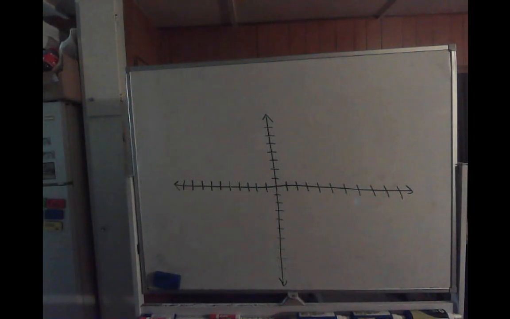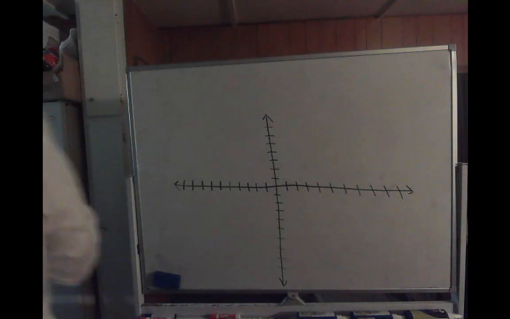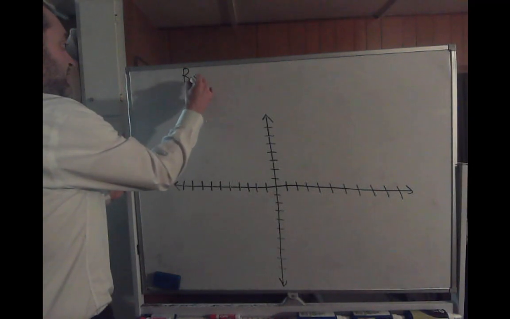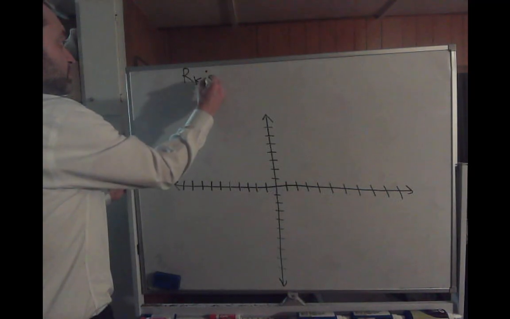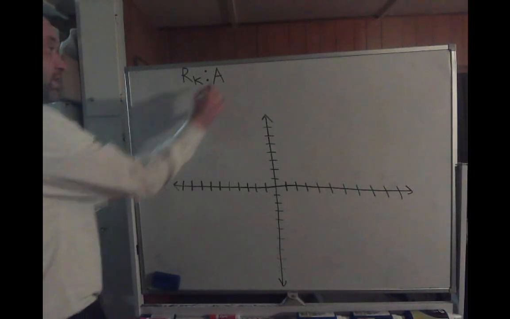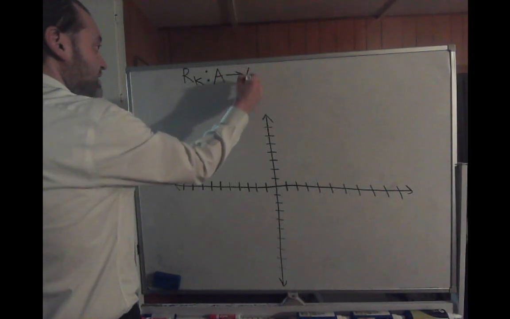Okay, so here's what we're going to be asked to do. We are given that we have some arbitrary line K that we're reflecting through. So the reflection through line K of A is A prime.